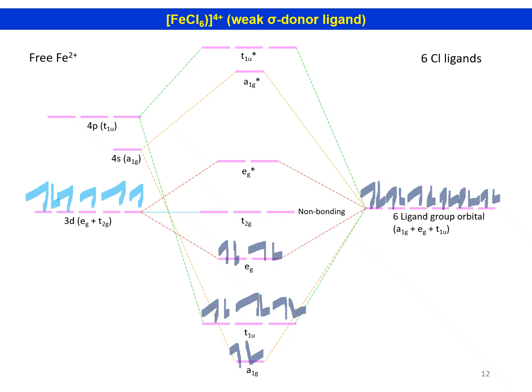So what happened to the electrons in the 3D orbital? These electrons occupying the 3D orbital will be occupying the T2G and EG star. Now, because chlorine is a weak field ligand, it will occupy the T2G and EG right away. So there are 6 of them, right? So that's how it looks like in the presence of a weak sigma donor ligand.